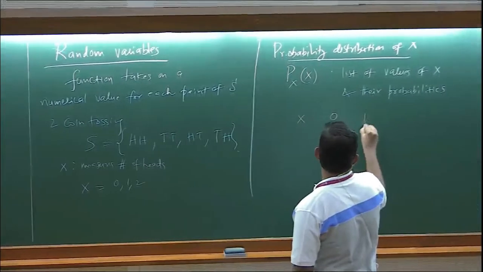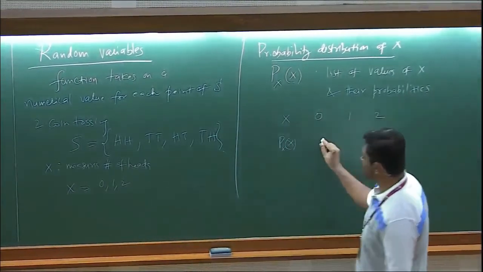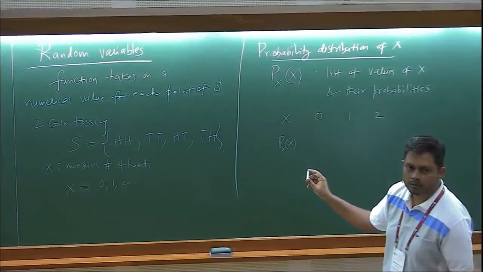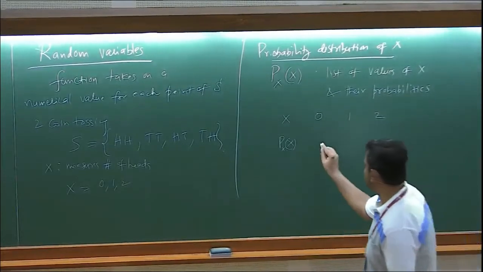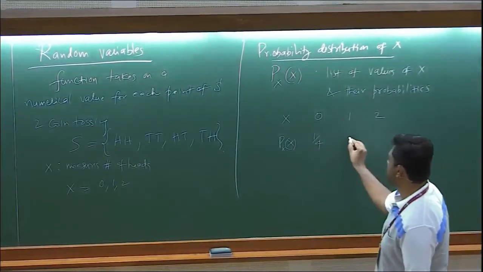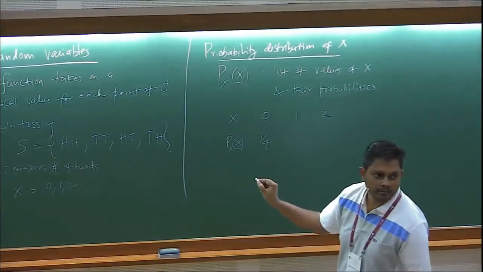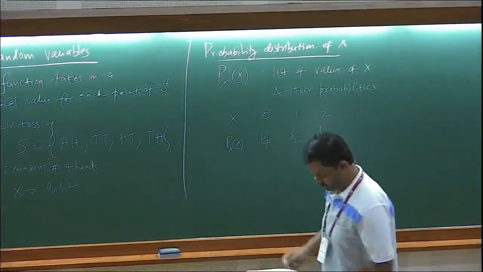X can take values 0, 1, and 2. What are the probabilities of X? 1 by 4, 1 by 2, and then 1 by 4.